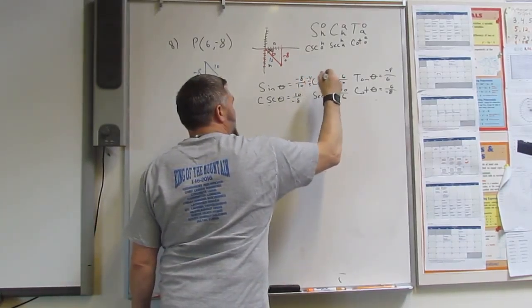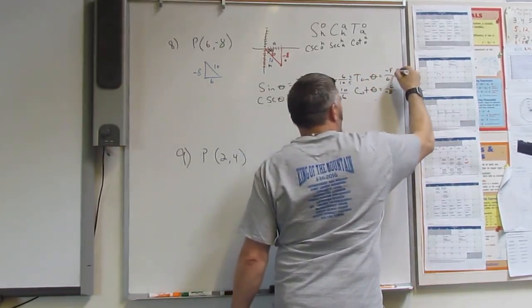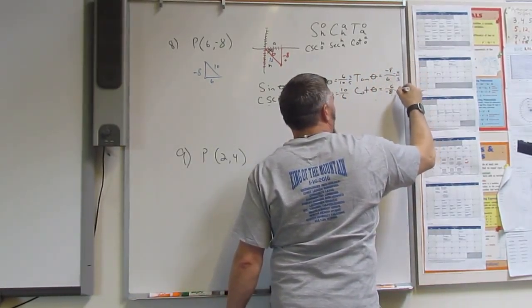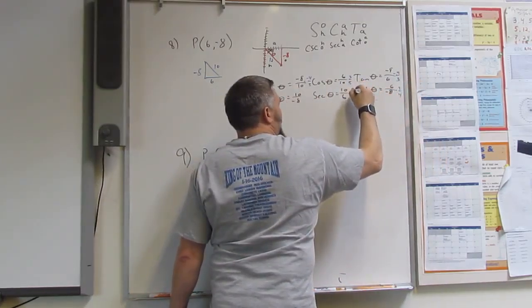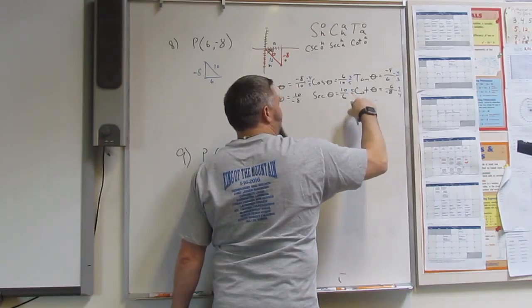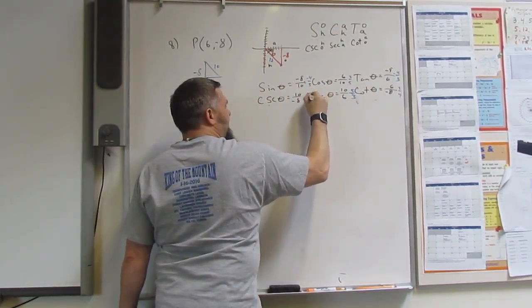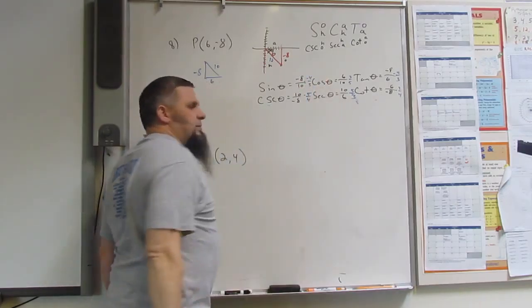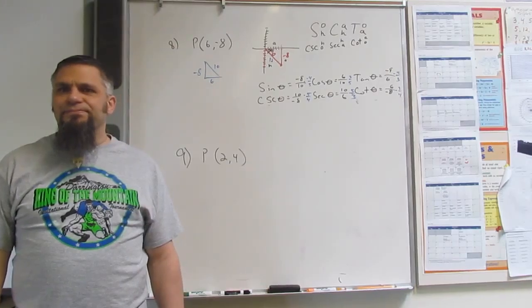Negative 4/5, 3/5, negative 4/3, 3/4 negative, 5/3, and 5/4 negative. That's it, man.